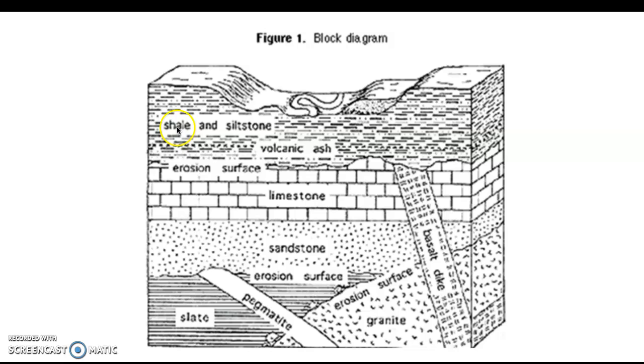And then on top of that came shale and siltstones, which are terrestrial mudstone type rocks. Again, maybe a swamp, maybe lake beds, river beds, things like that. And then over time, we've got a river here cutting away into the shale and siltstone, causing this valley.